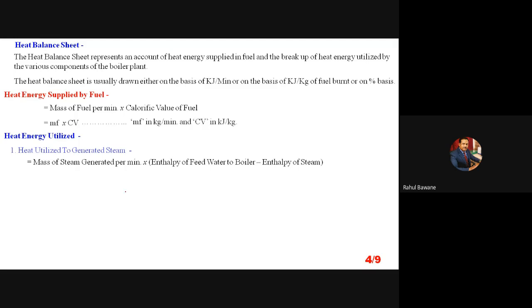It is calculated as mass of steam generated per minute multiplied by the difference between the enthalpy of steam, that is H, and the enthalpy of feed water to boiler, that is HFO, after the economizer. So mass of steam generated multiplied by the difference of enthalpies.